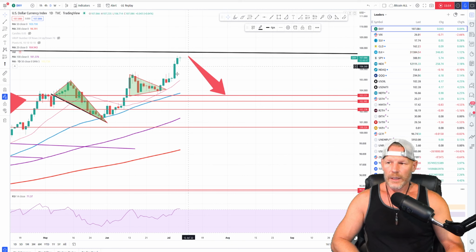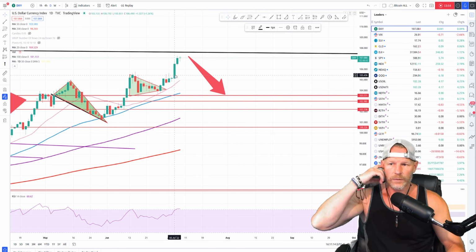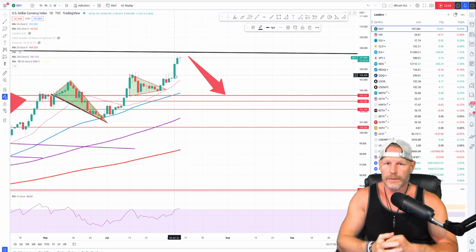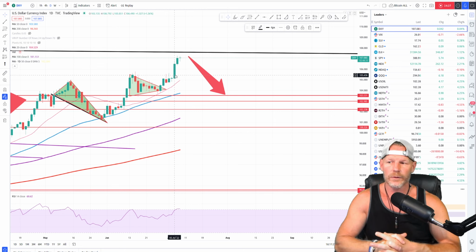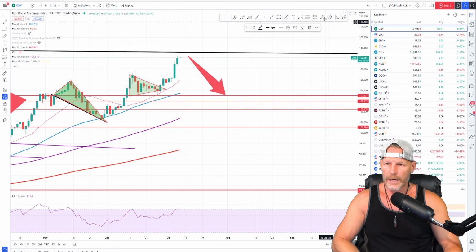But generally, when you come up against one of those that is acting as resistance, or you come down to one of these significant trend lines, moving averages, support levels, whatever you have, if it is strong support or resistance, you don't generally just break right through those things.